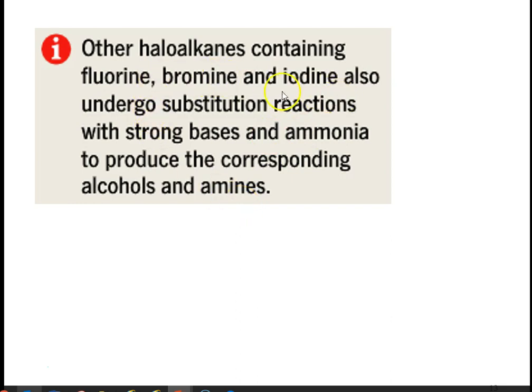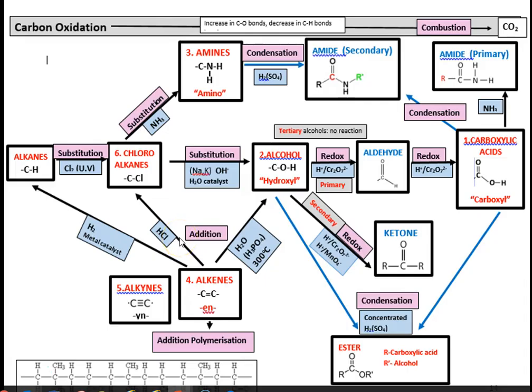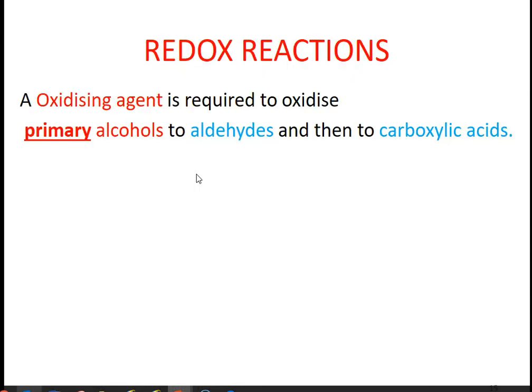So it will also work with the other halogens. Okay, if there's a fluorine, a bromine or an iodine here, you can swap them as well. You have to use chlorine though, because I think chlorine is a stronger reactant. You can't use fluorine or, well, I don't know. Okay, so we've done substitution.